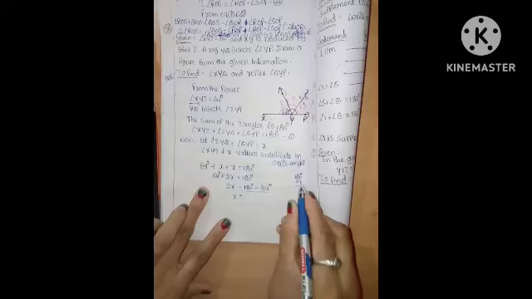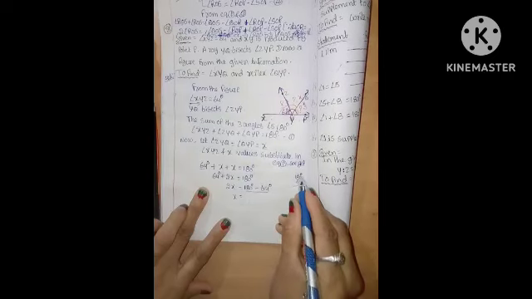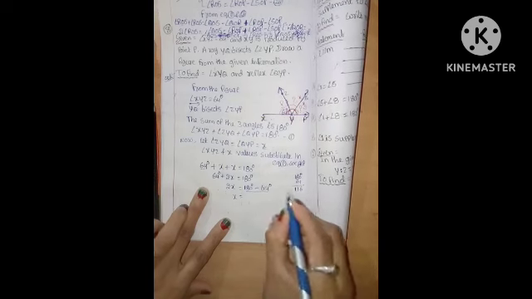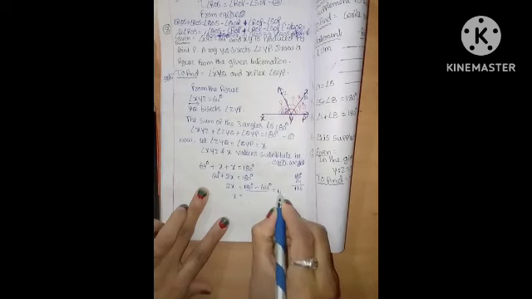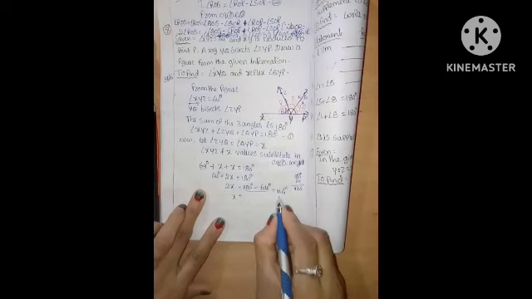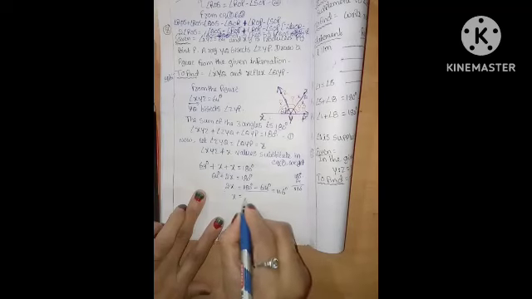Borrowing, 10 minus 4 is 6 only. Next, 1 is borrowed, left is 7 minus 6, 1 only. So we get 116 degrees.